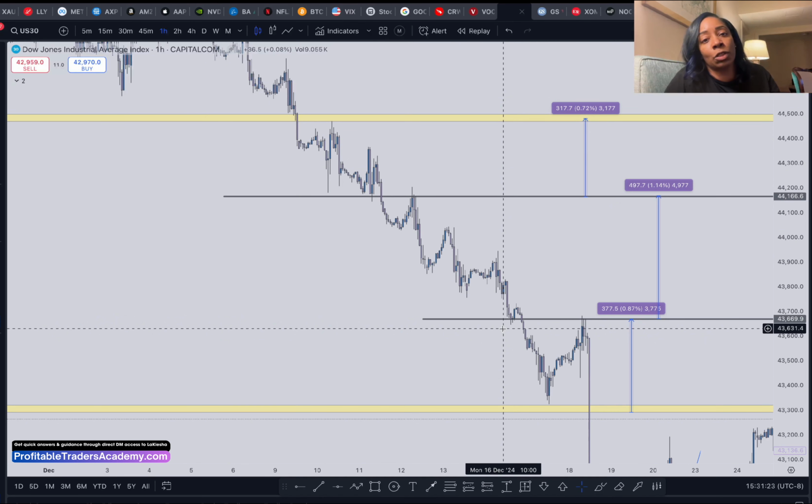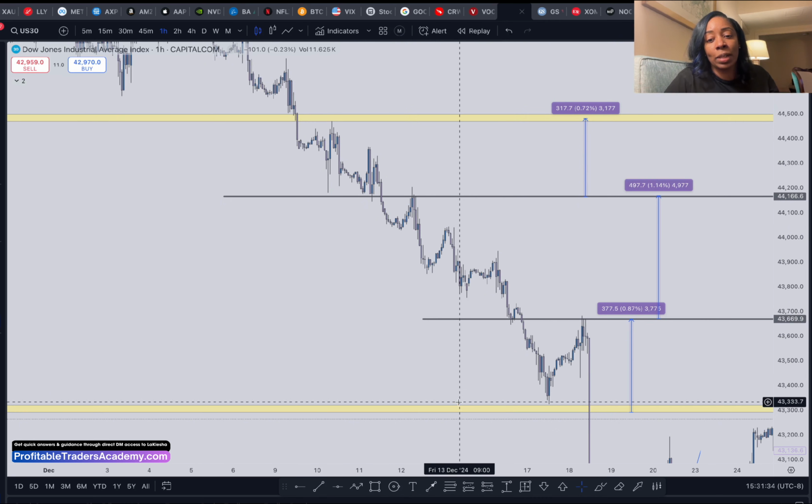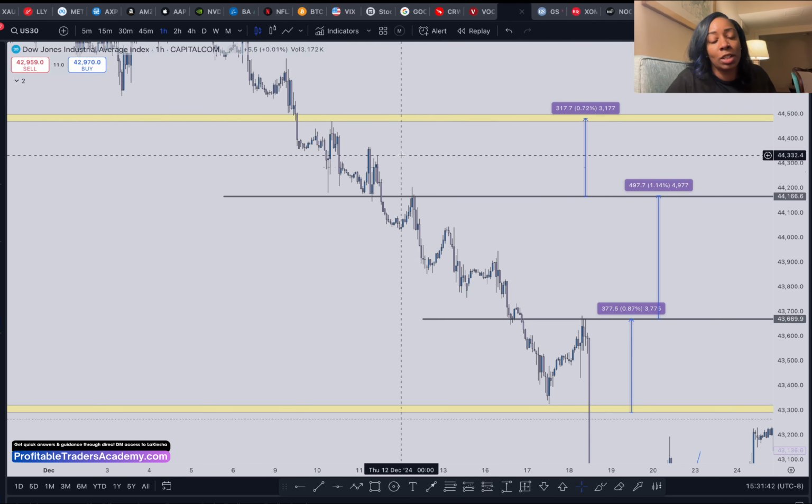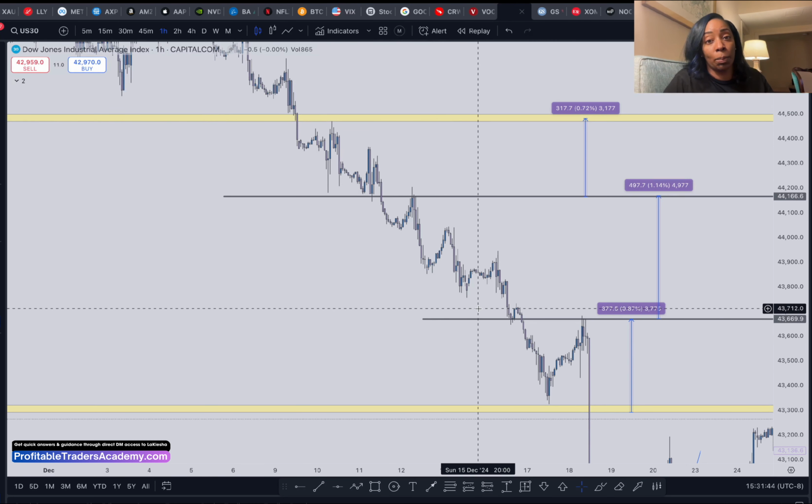It wouldn't make sense for me to trade a range that's only 50 points. Or if I'm looking for a range that is higher, like 100, 200, 300 plus points, I don't need a range that's over 1,000 points, because that's not a tradable range. So I just took this entire range and broke it up.